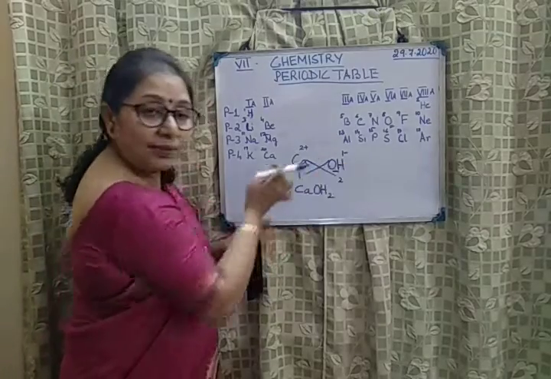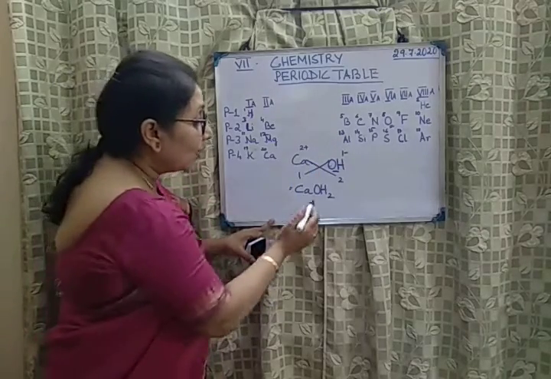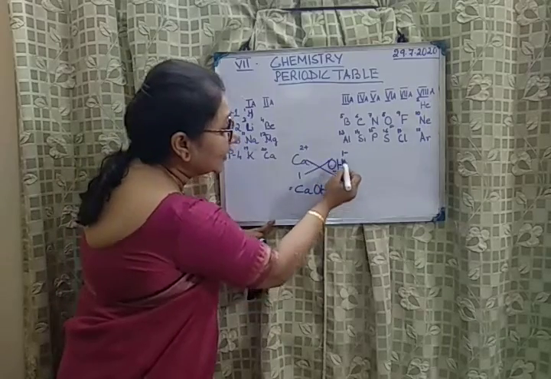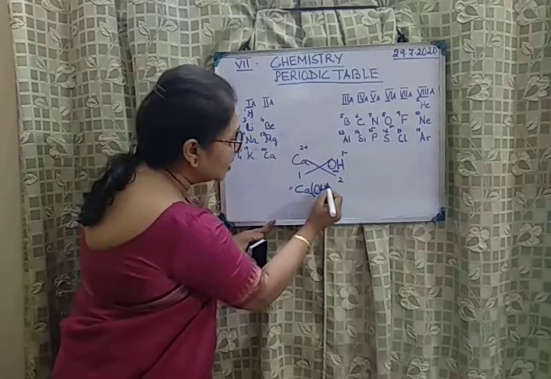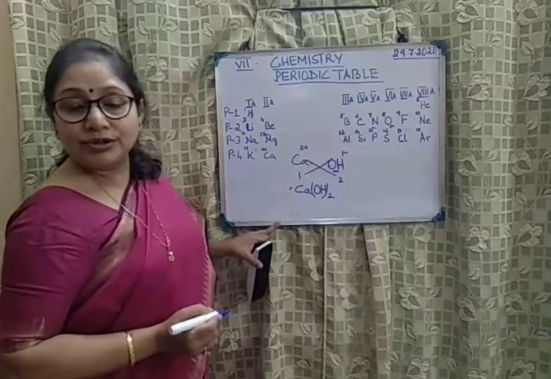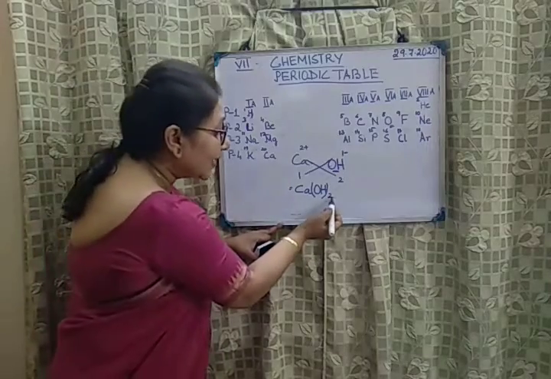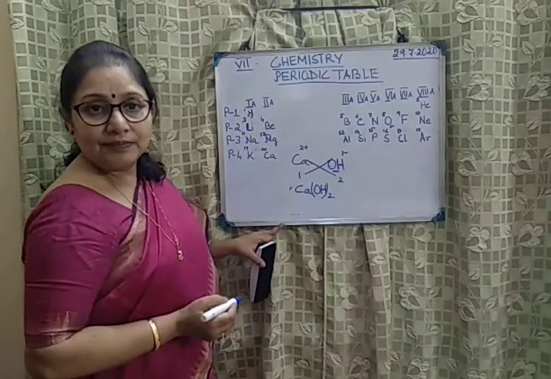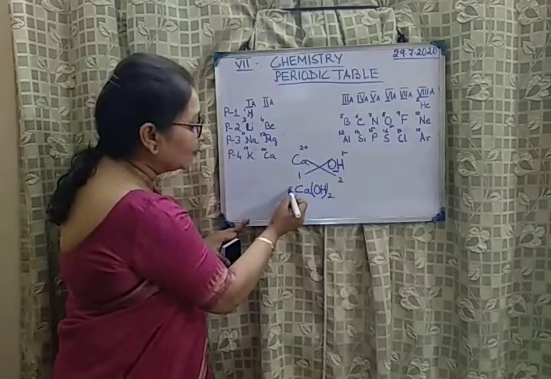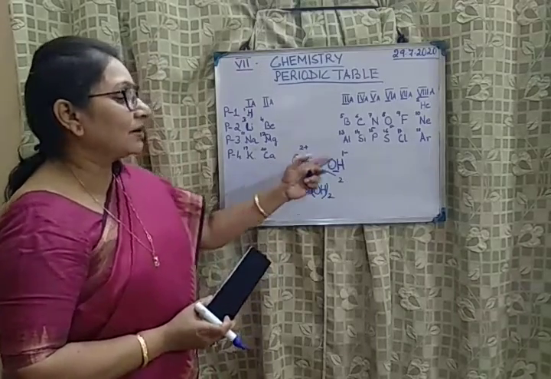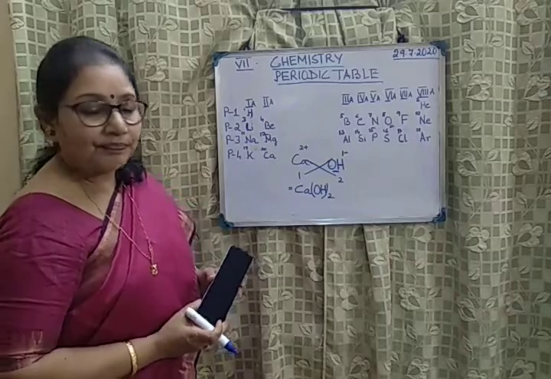They are together behaving as a radical. So what do I do? This 2 is for this entire one. So I put this within bracket and then I write 2. So 2 atoms of hydroxide radical. And this is the formula of the compound when calcium combines with hydroxide radical.